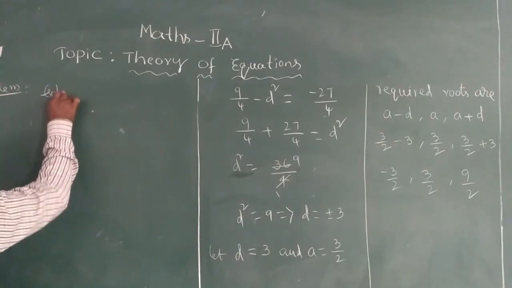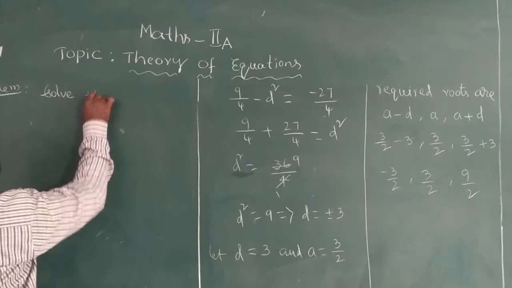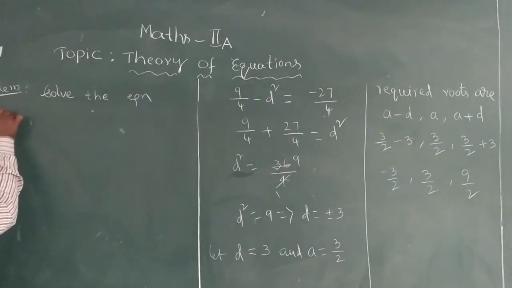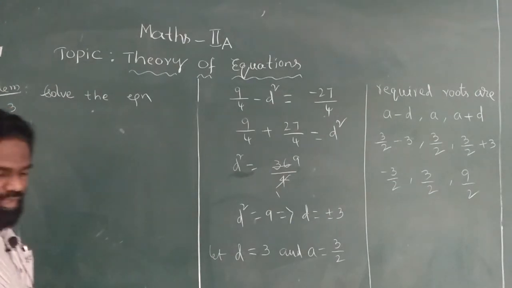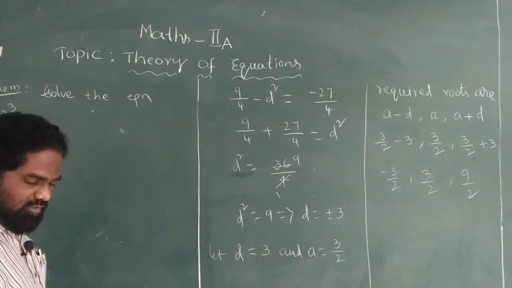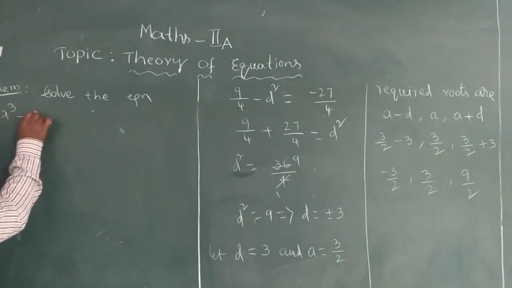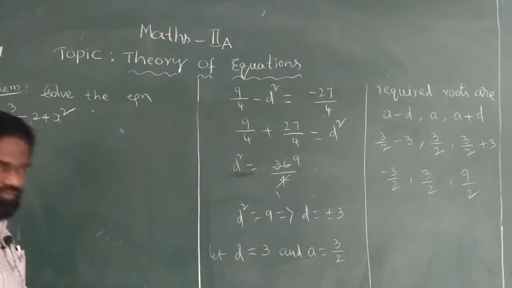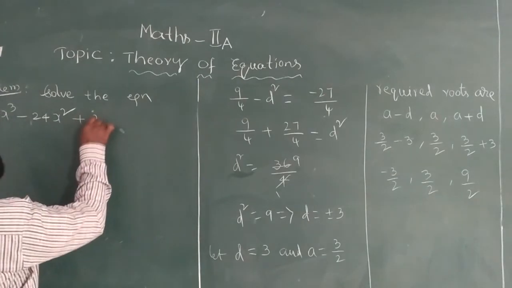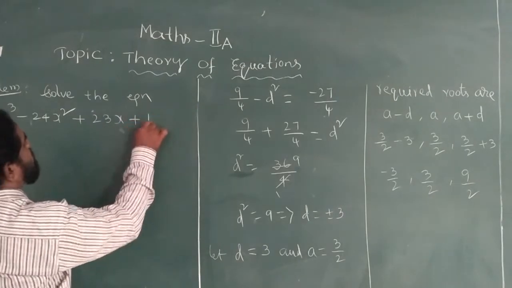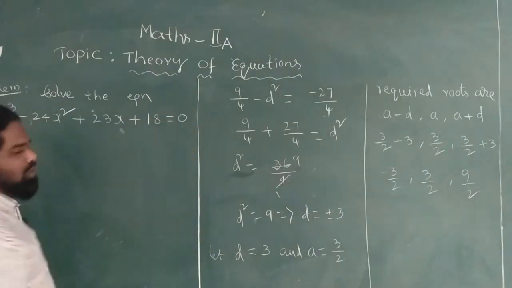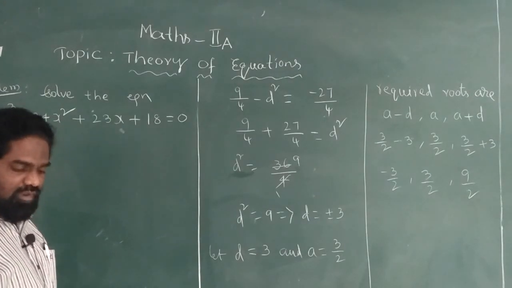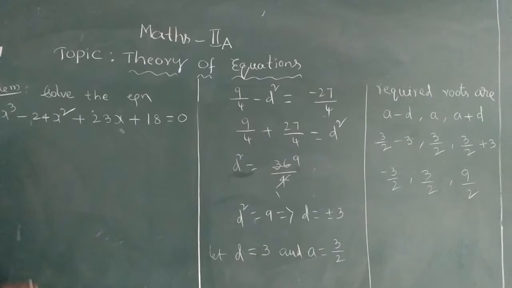Solve the equation 4x cube minus 24x square plus 23x plus 18 equal to 0, given that the roots of this equation are in arithmetic progression.